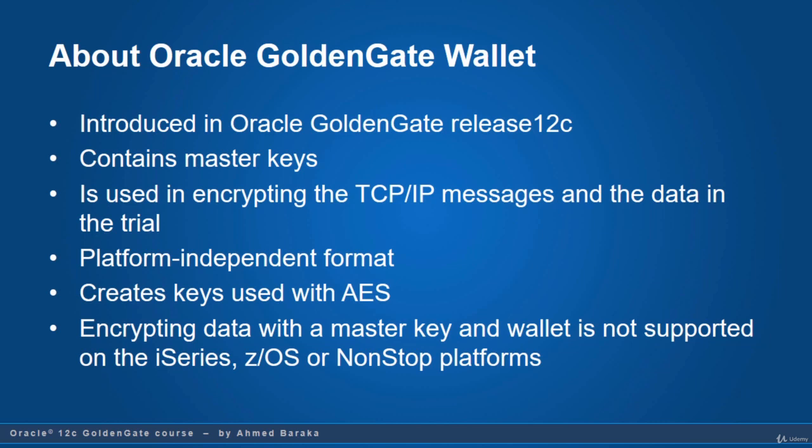Wallet files are platform independent, so if you create one in Oracle GoldenGate software installed in a Unix system, it can still be used by an Oracle GoldenGate instance installed in a Windows platform. The key is encrypted using the AES standards. That's why the wallet cannot be used in the i-Series, z/OS, or NonStop platforms.